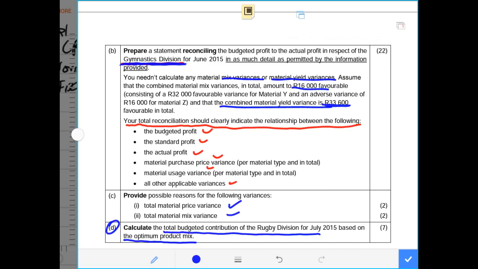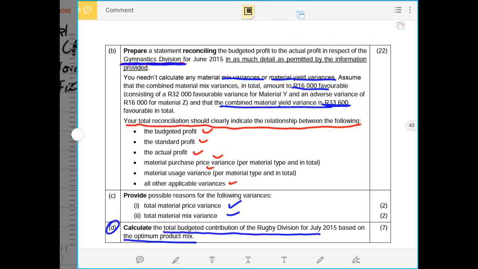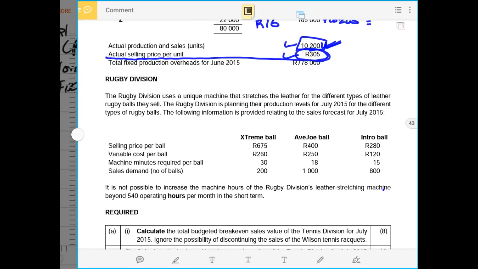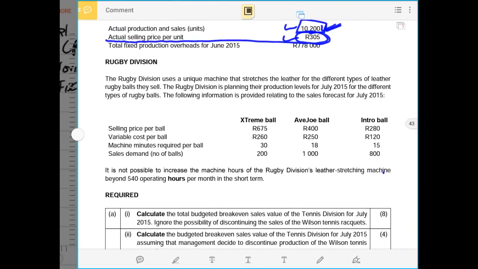Whenever they speak of the optimum product mix, it means there must have been a limiting factor in the Rapid Division, meaning something that stops the division from producing all the units they want to manufacture. Let us read and see what this factor is.